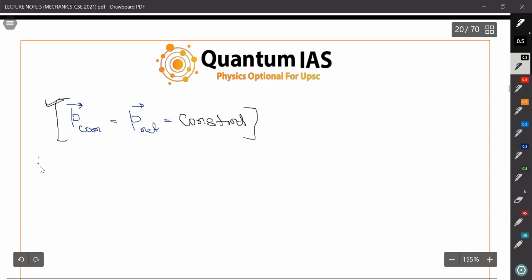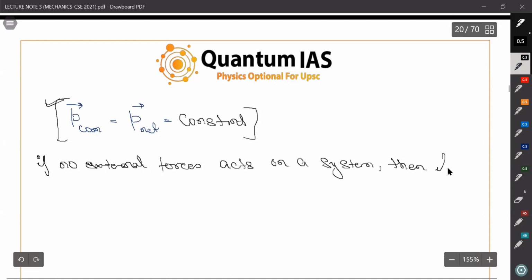What if no external forces act on a system, then its linear momentum is conserved. Also, I want to state one thing.